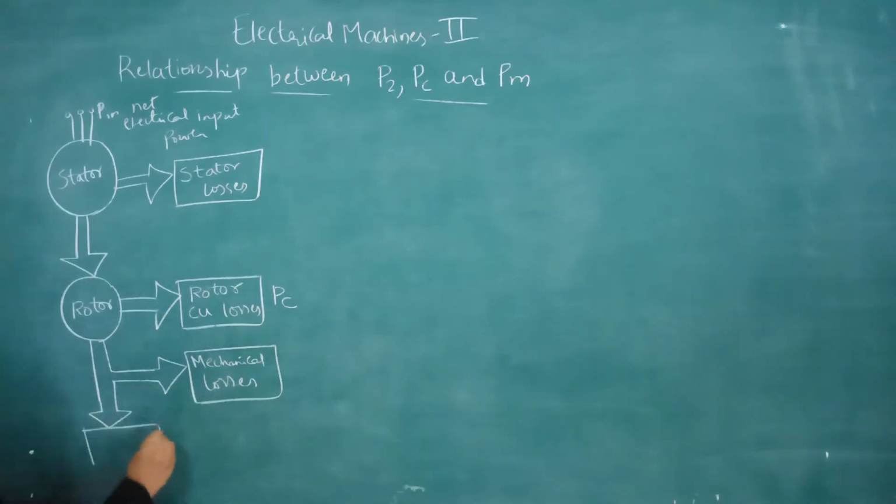These are mechanical losses. Then this is load, and at the load you can see P out. P out is nothing but output power or shaft power.